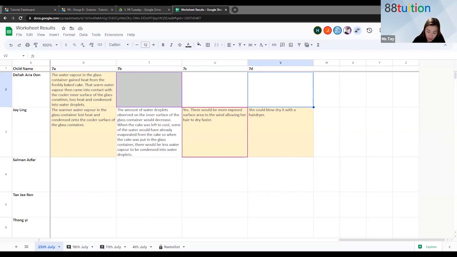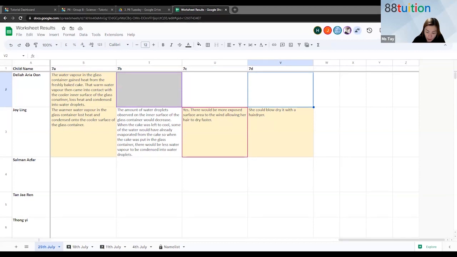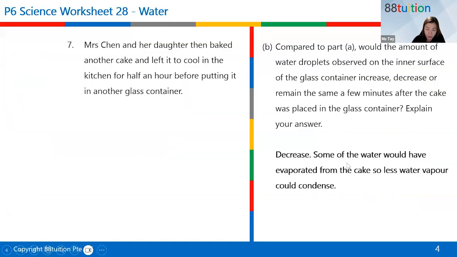So read this question and the answer given, and then tell me whether this is good enough. If this is good enough, tell me why it's good enough. But if let's say it's not, comment on it also. Joy, you start off with it first.